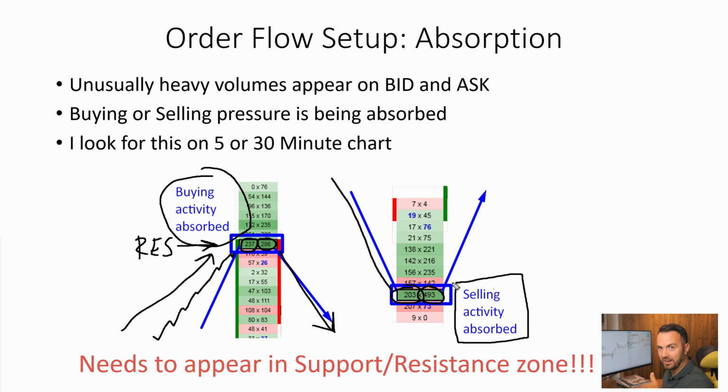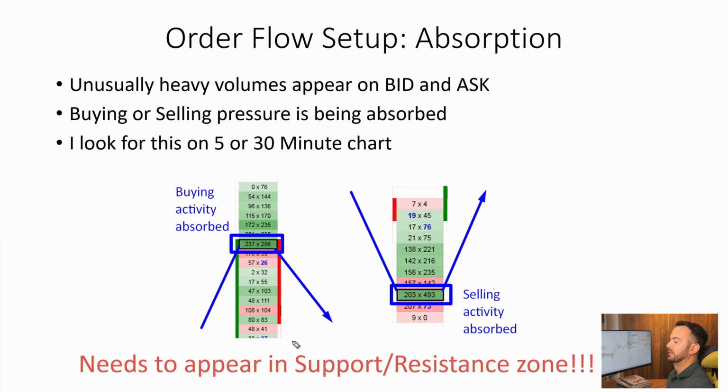Sellers are selling, pushing the price downwards, but at this level, buyers step in and they start to buy everything the sellers have to sell. That's why the price stops moving, and from this place, eventually the sellers run out of fuel and buyers take over and the price goes up. So that's the absorption, right? Market is absorbing buying or selling pressure.